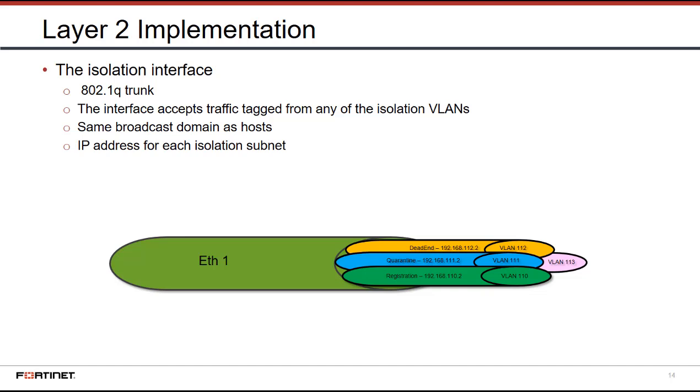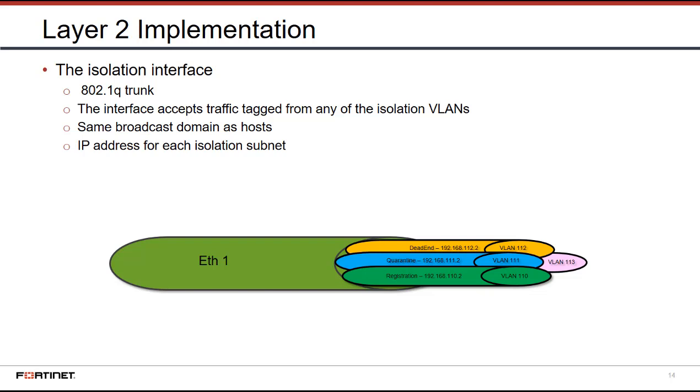And when we do this type of deployment, the configuration on the Fortinet configures its captive portal interface, which is typically Ethernet 1, to be a trunk port, and that would connect into a trunk port on the infrastructure. And there would be a VLAN interface that connects to each of the different isolation VLANs.